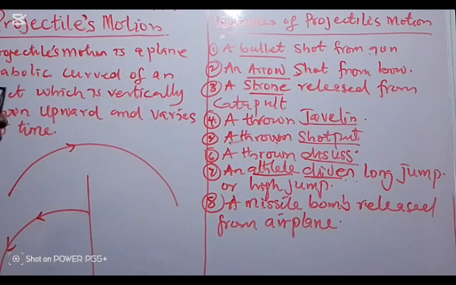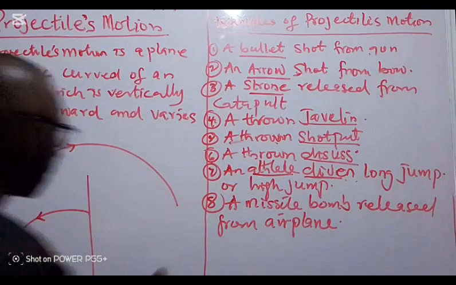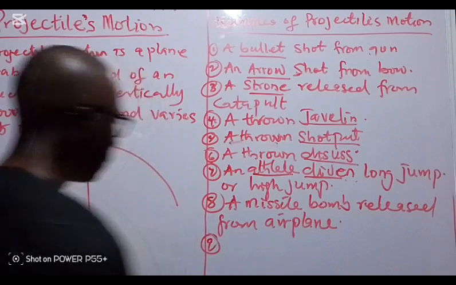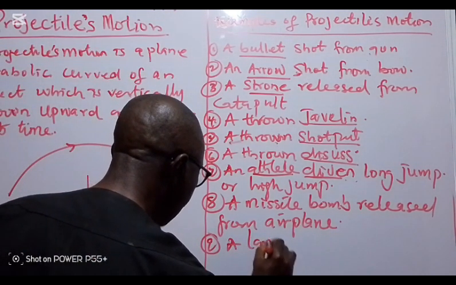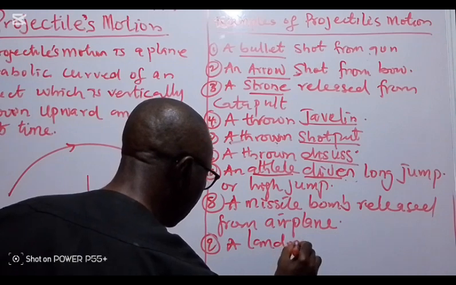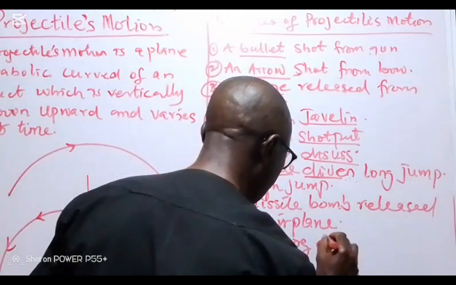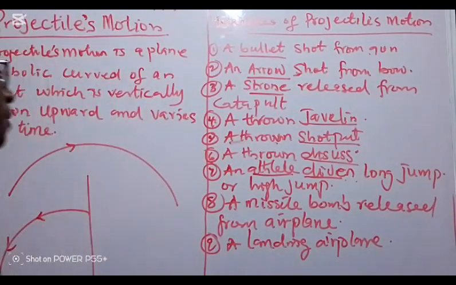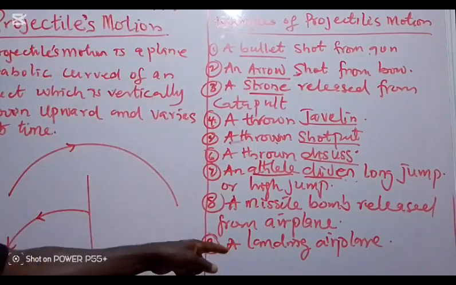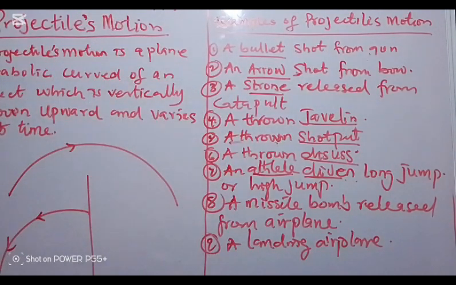The motion is also a parabolic curve. Number 9, a landing airplane. When a plane is about to land, the motion will form a parabolic curve.